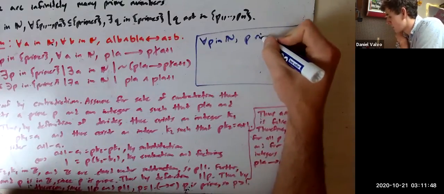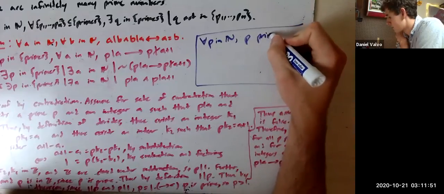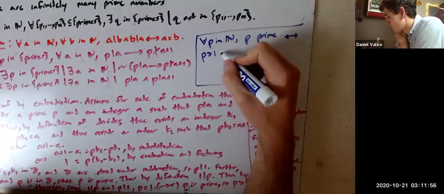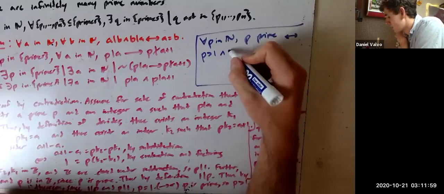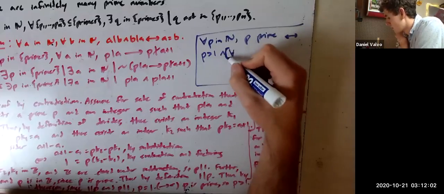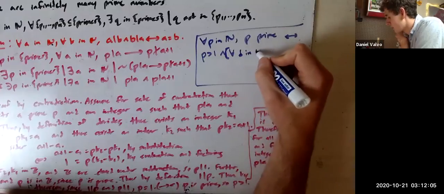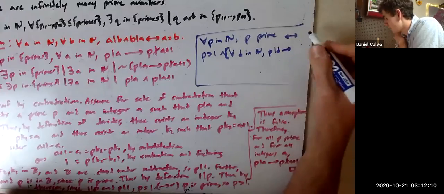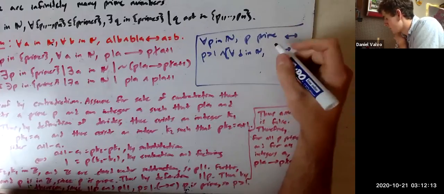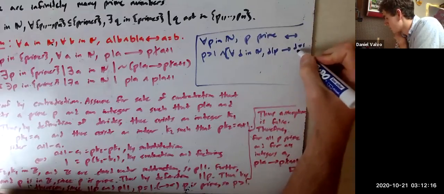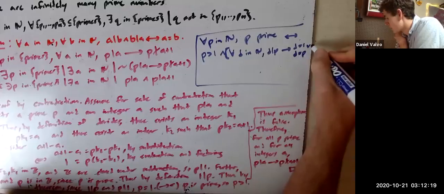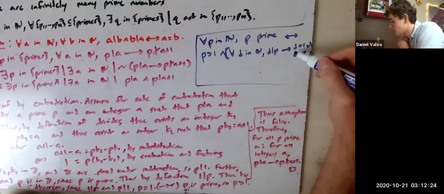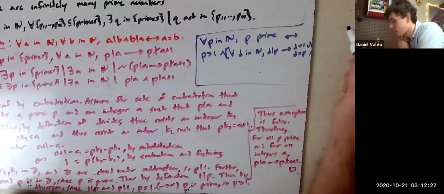I'll say p prime if and only if p is greater than 1 and for all D in N, D divides p implies D equals 1 or D equals p. Basically saying you're greater than 1, and if any natural number divides you, the natural number is either 1 or itself.